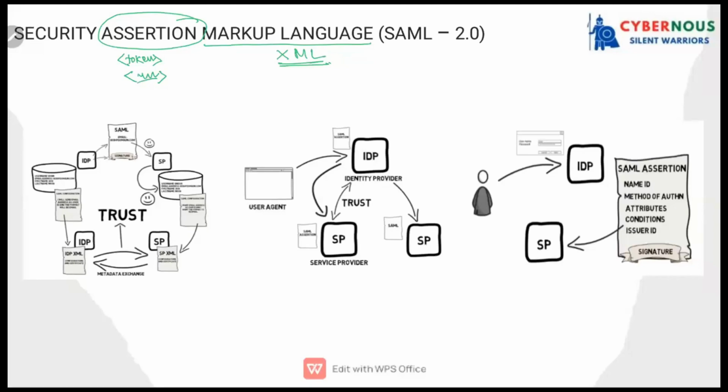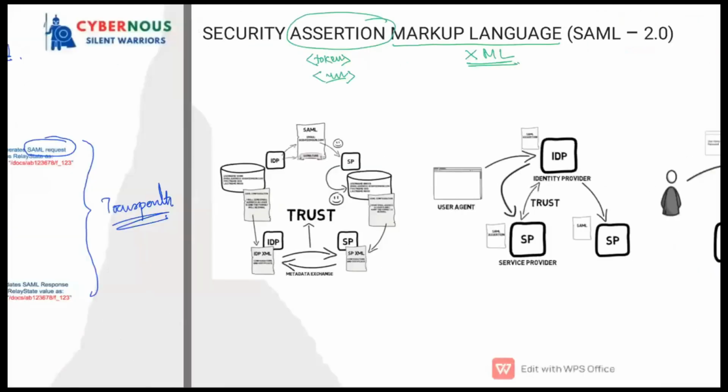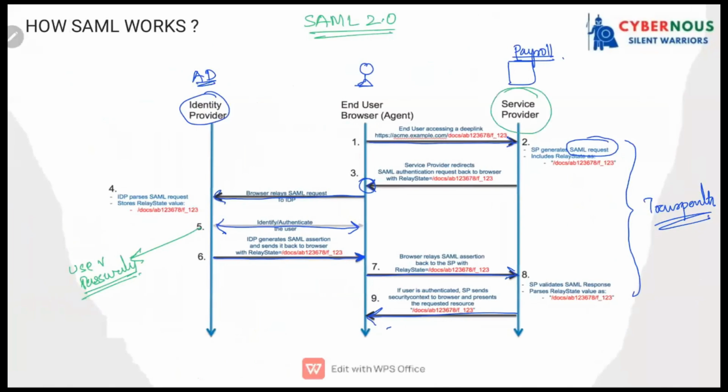Right? Now, even before this entire thing is possible, how is it made possible? Because before this, there has to be an enrollment process, a SAML enrollment process or SSO process. So you need to maintain trust between the service provider and the identity provider.